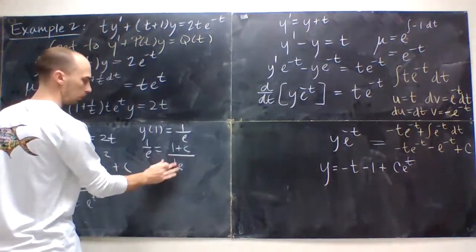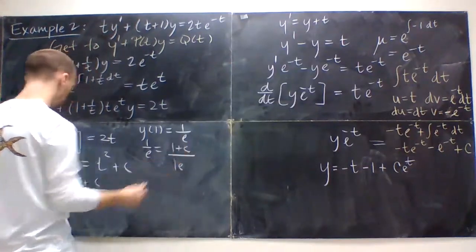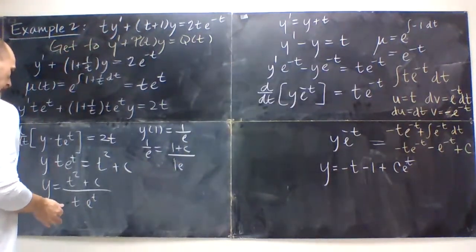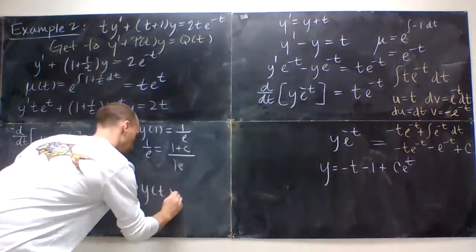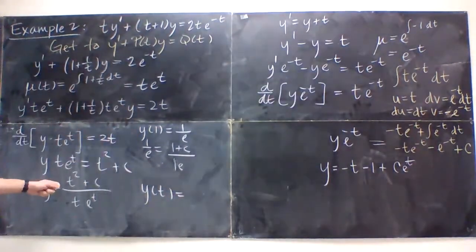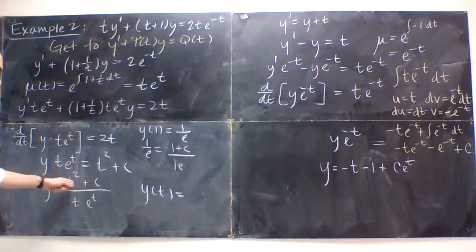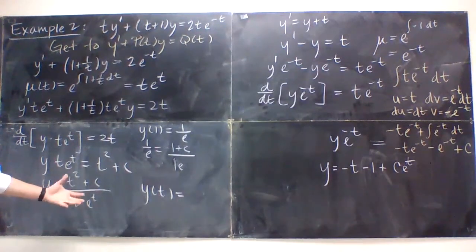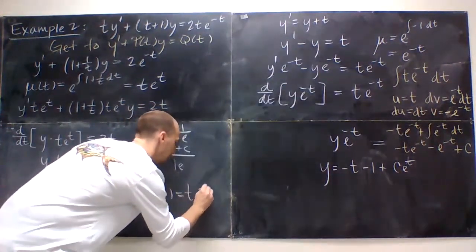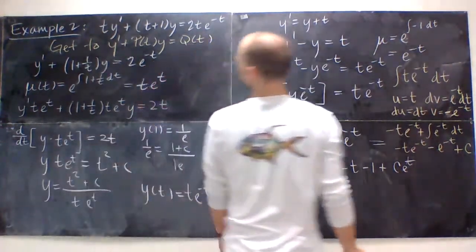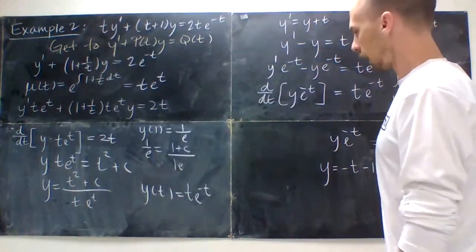Well, that means c needs to equal 0. So in this case, y of t is equal to t squared plus 0 divided by t e to the t, well, that's just going to be t over e to the t, or t e to the negative t. Okay, and there we go.